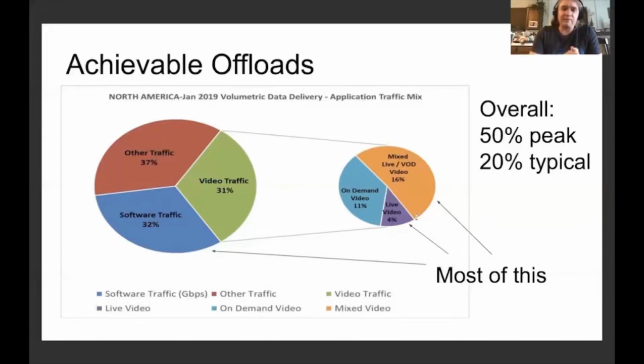But we also think we can address a lot of what we call the mixed live and video on demand, which is the video on demand that's actually being concurrently consumed. Multicast can't easily address video on demand that's truly on demand, but video on demand, like when a new show comes out and people demand it within the same 15 minutes for 80 or 90% of the downloads, is pretty addressable.